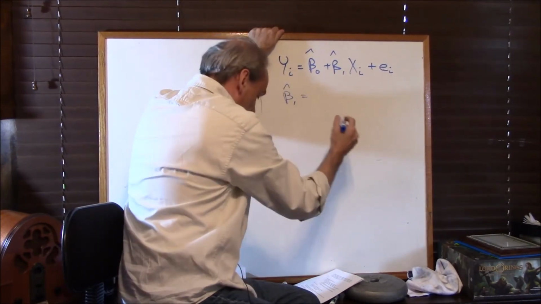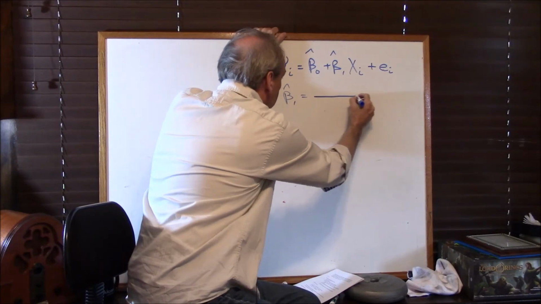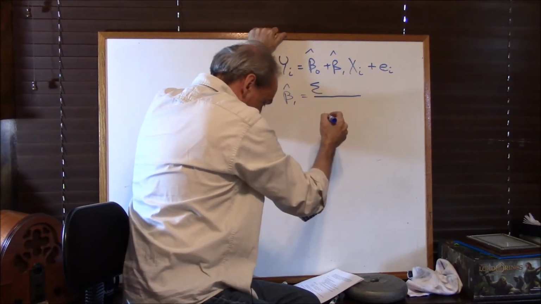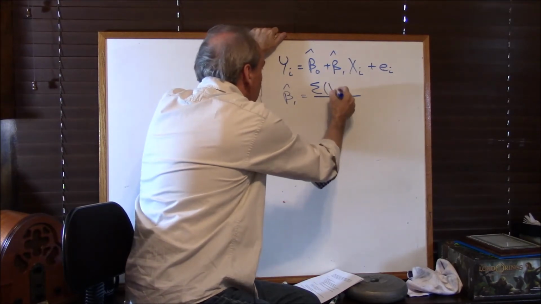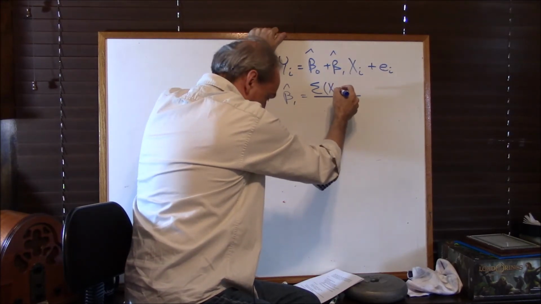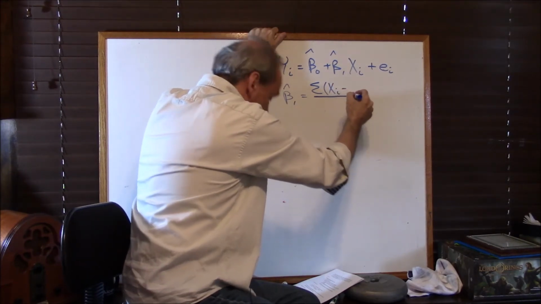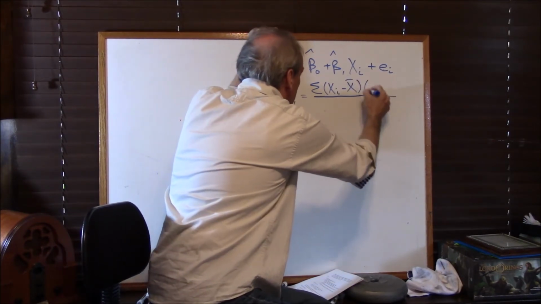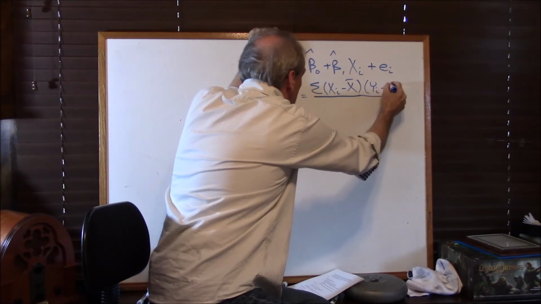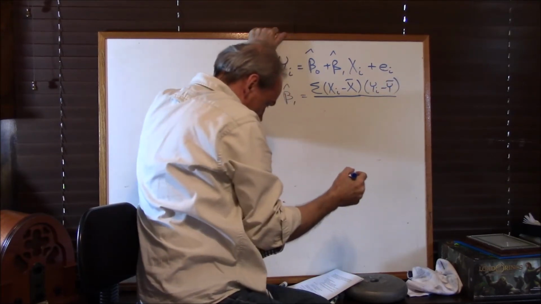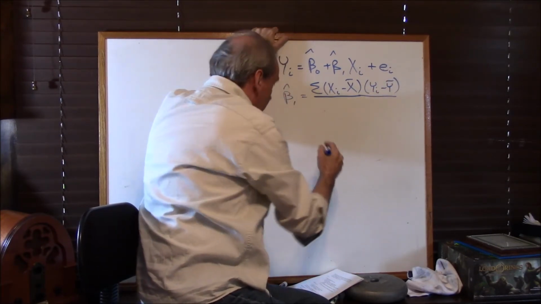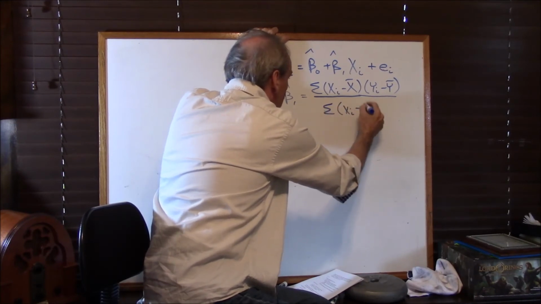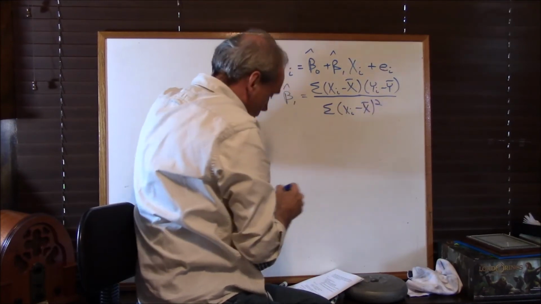It is equal to the sum of x sub i minus x bar times y sub i minus y bar, right there. And then the sum of x sub i minus x bar squared.